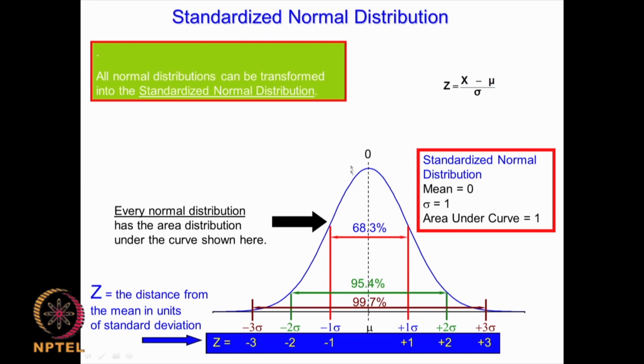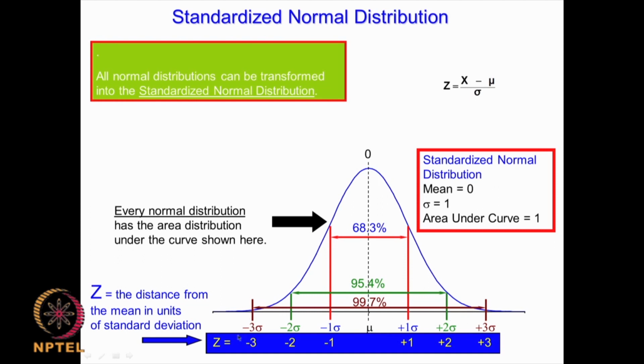So, this is a standardized normal distribution where we have the mean as 0, area under the curve is 1 and sigma is 1. So, we have mu plus sigma, mu minus sigma, mu plus 2 sigma, mu minus 2 sigma, mu plus 3 sigma, minus 3 sigma.